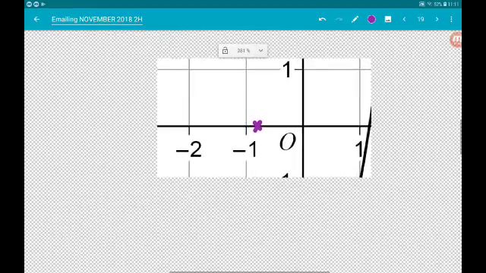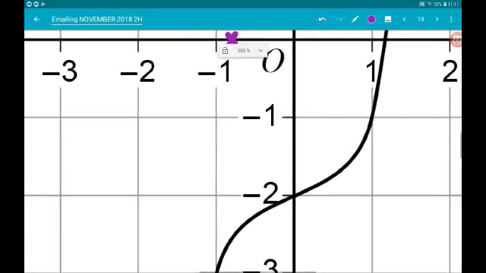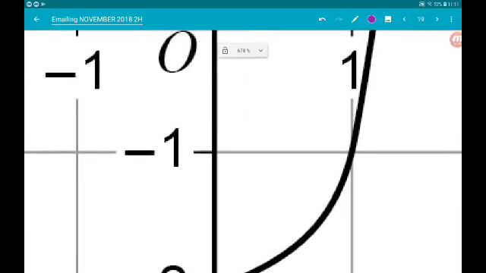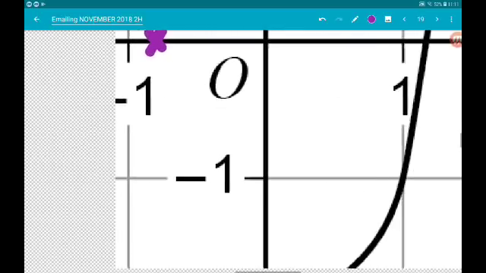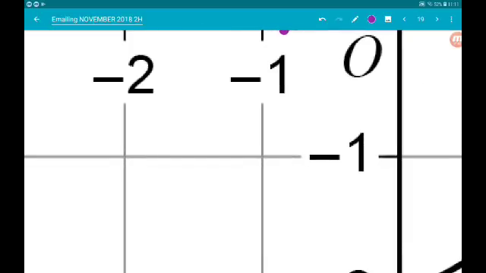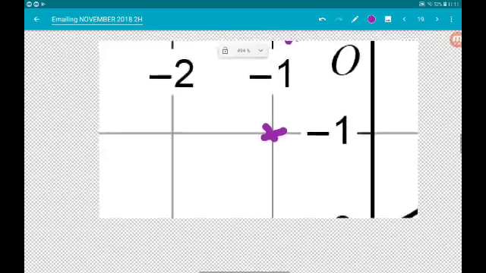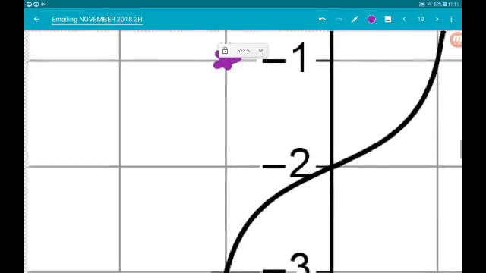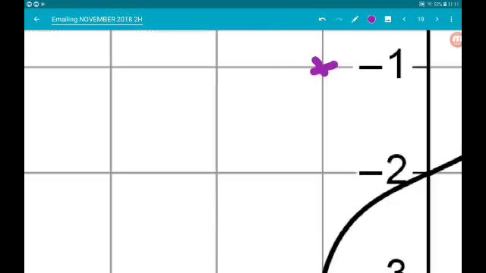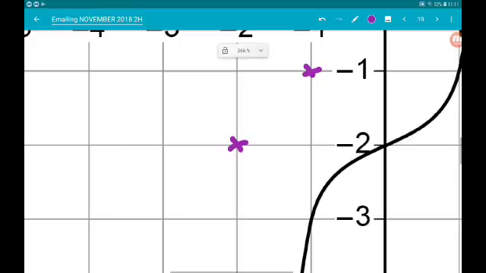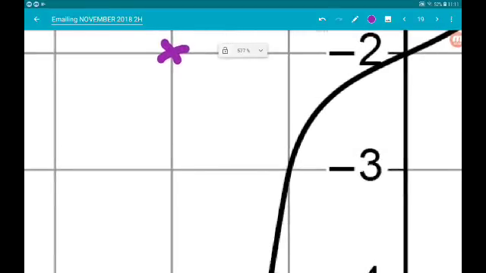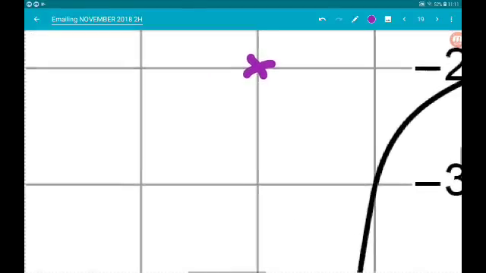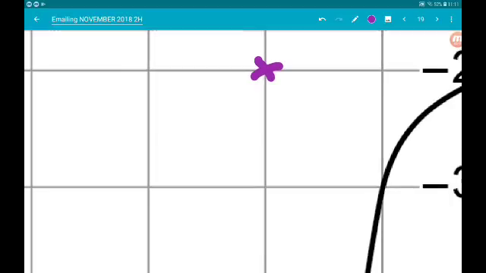It's going to be there. We got this nice point here, 1, -1, so that's now going to be a -1, -1. Then got the intercept 0, -2, it's now going to be a -2, -2. Got this point here, it's quite a nice one to get in.